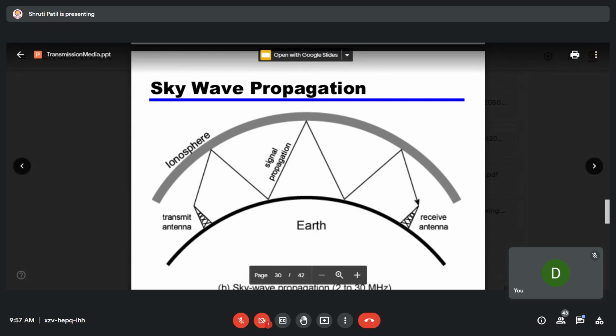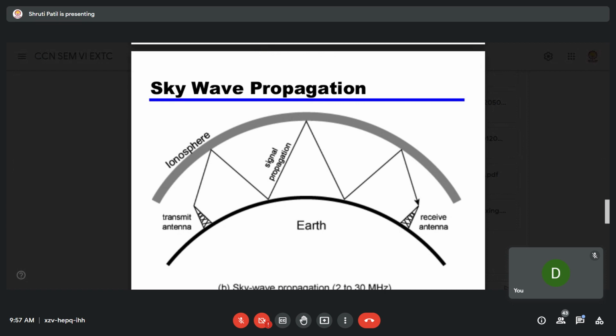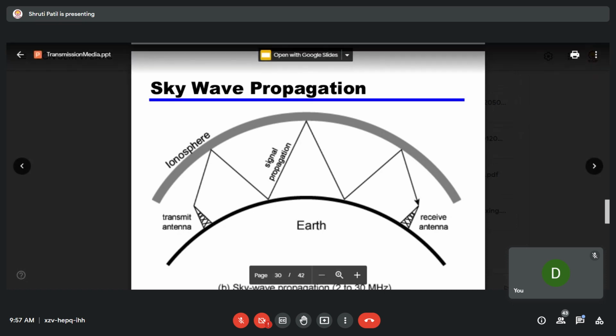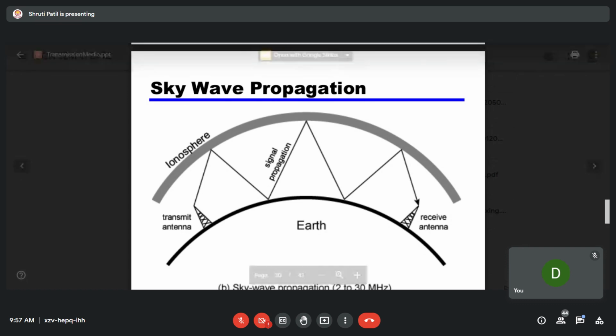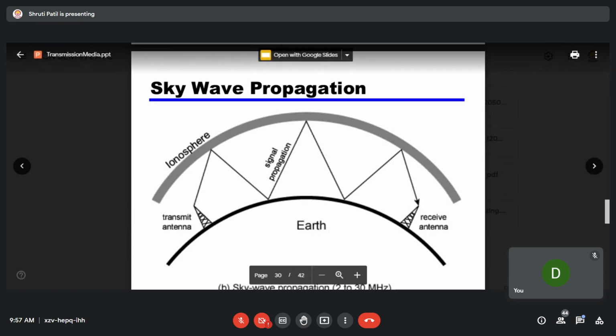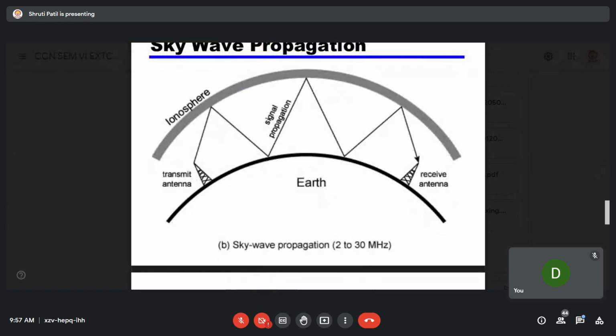The transmitted signal will be reflected from the ionosphere, and the signal can propagate to the receiver antenna using sky wave propagation.